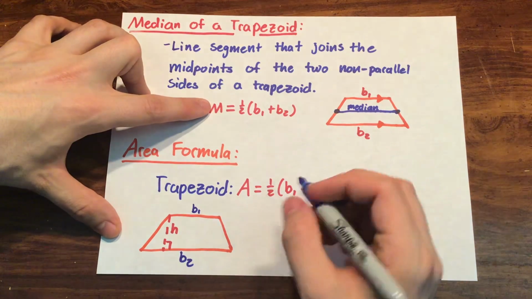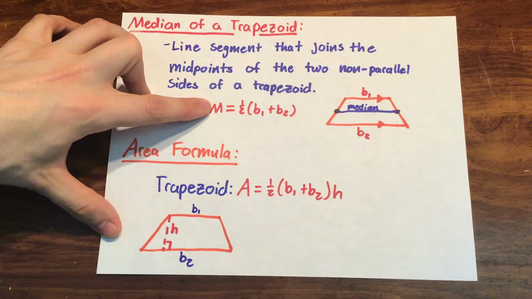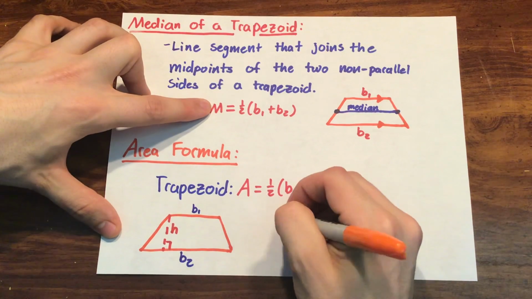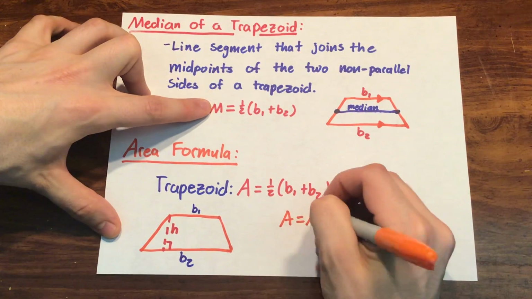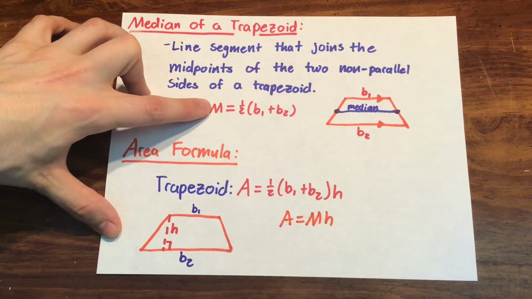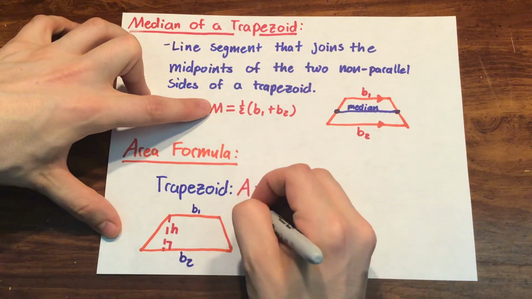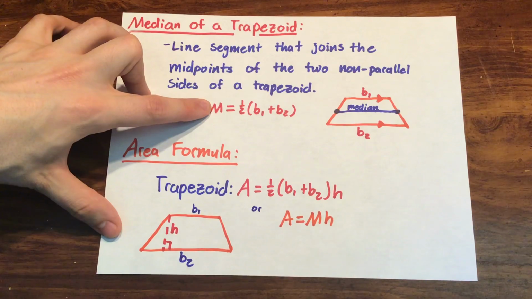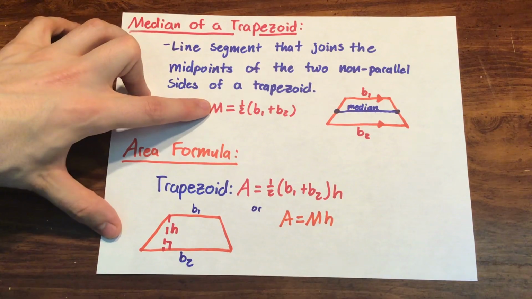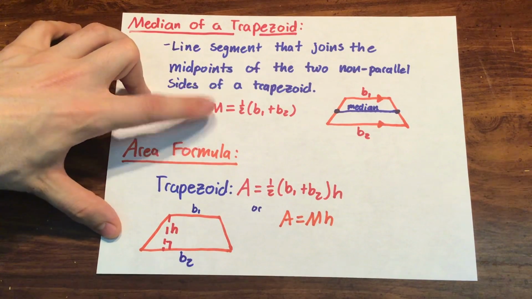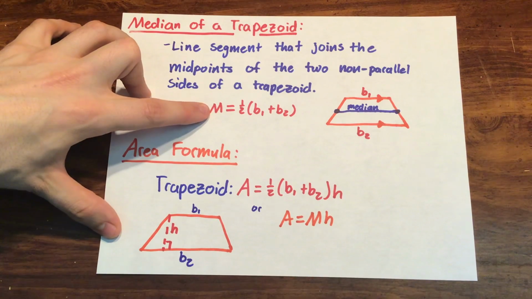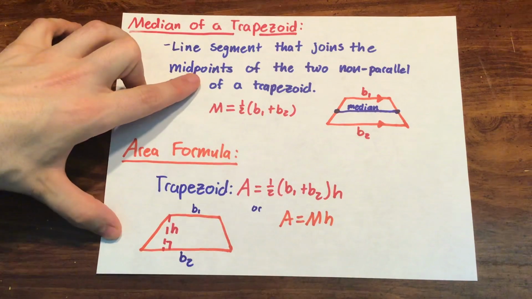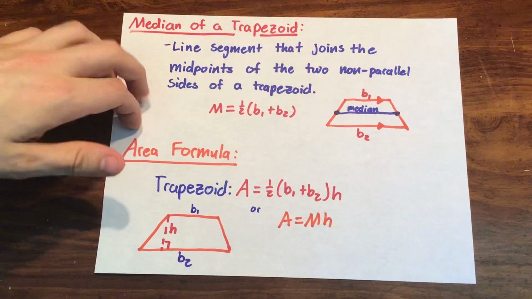So another way of writing your area formula is area is equal to our median times our height. So either way is correct. One is just simplifying it and plugging the median, or the M, in for our 1/2 base 1 plus base 2.